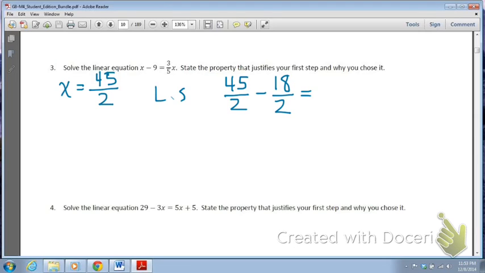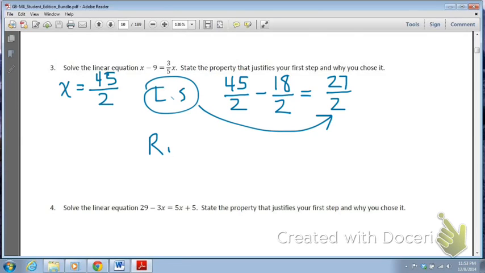So 45 minus 18 is going to give us 27 halves. So the left side is 27/2.